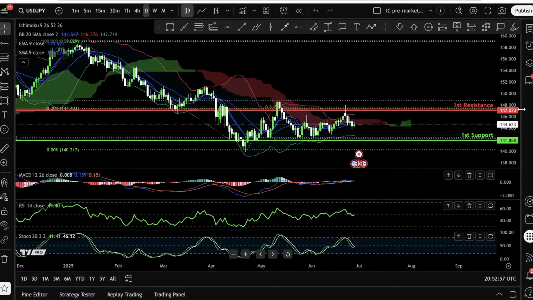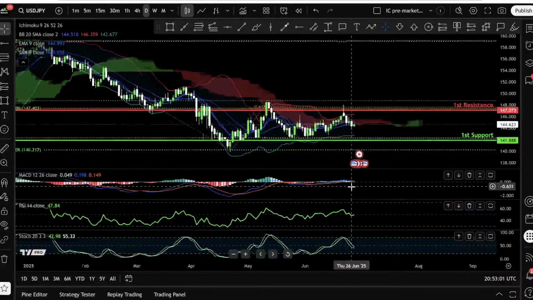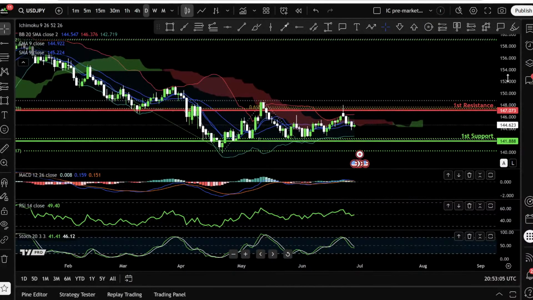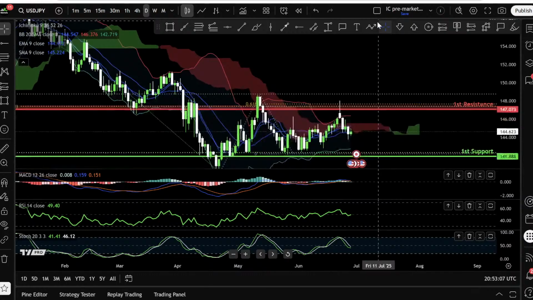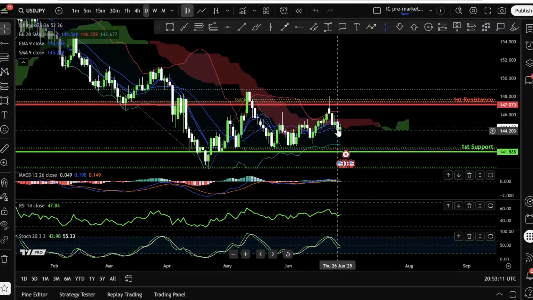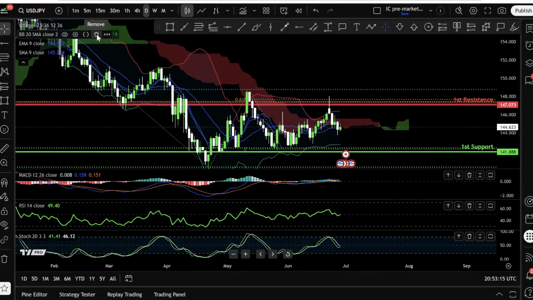So you can see Ichimoku, price is moving below the cloud, so it's giving us a bearish signal. If we zoom in, you can see MACD is giving us a bullish signal. Bollinger Bands, it's not really telling us much. Okay, it's kind of moving in the middle, so it doesn't really tell us anything.